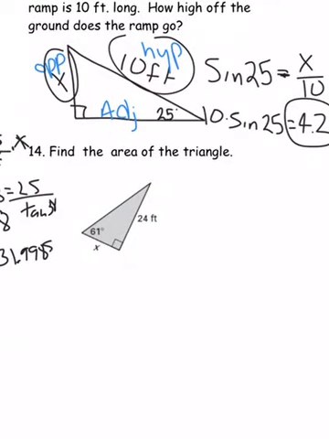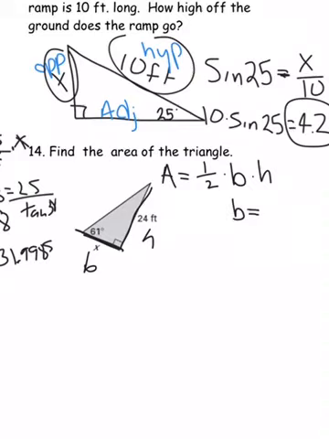And last but not least, find the area of the triangle. So again, I don't mind giving you the area formula of a triangle: 1/2 base times height. That can be the base. That can be the height. So for the formula, I'm missing base, but I have height.